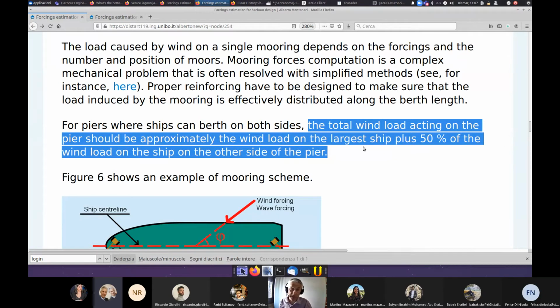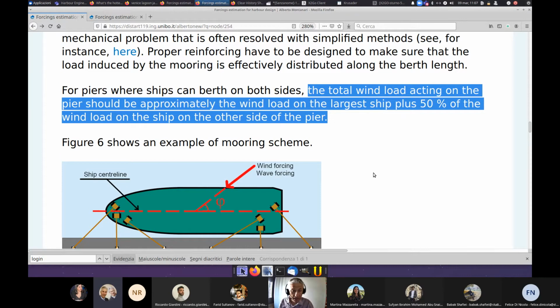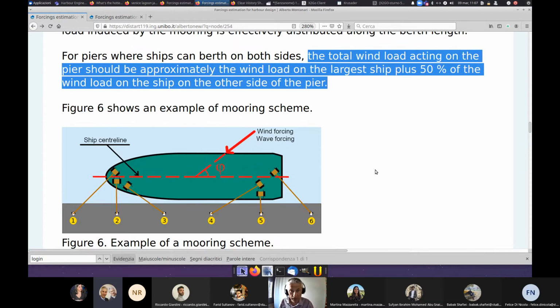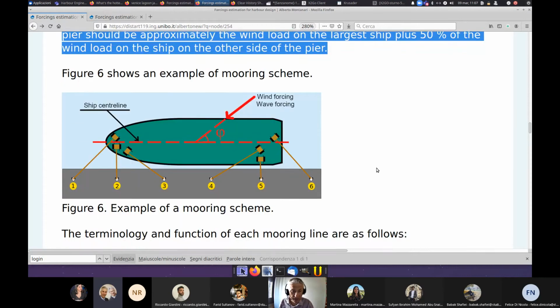And here, and then we make the break after this discussion, there is an interesting figure which we already used in order to identify the angle phi that we used in the computation of the wind forcing. Remember, we said just a few minutes ago that when phi is 90 degrees, it means that you have the wind acting perpendicularly to the longitudinal direction of the ship.